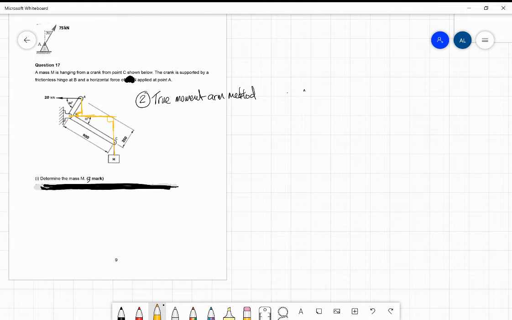If you notice, we have those two triangles, and what we want to find is the perpendicular length from A to this line here, and from this point here to this intersecting point there.